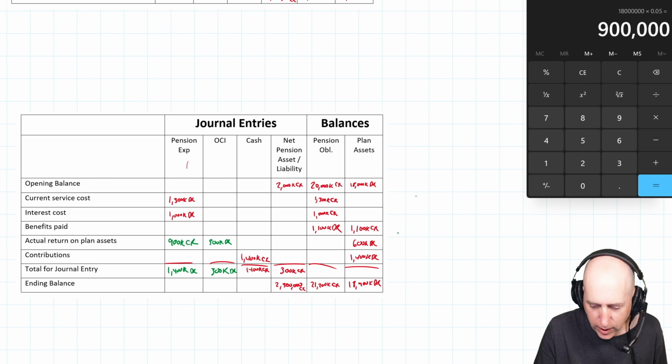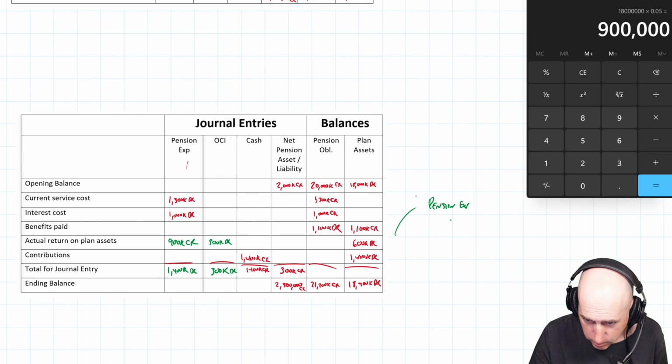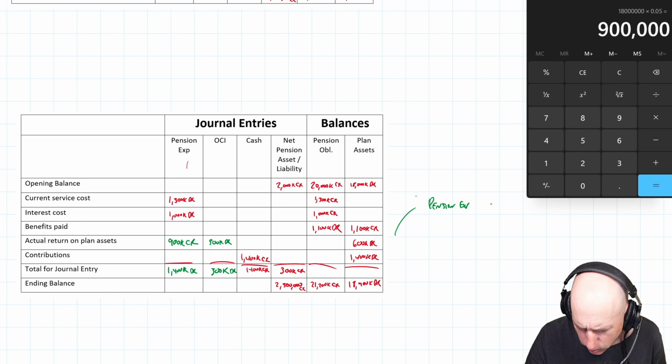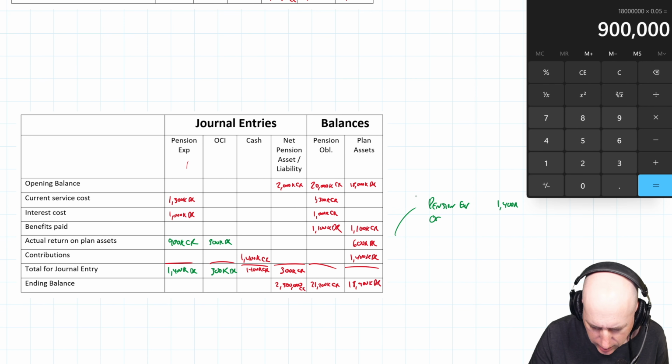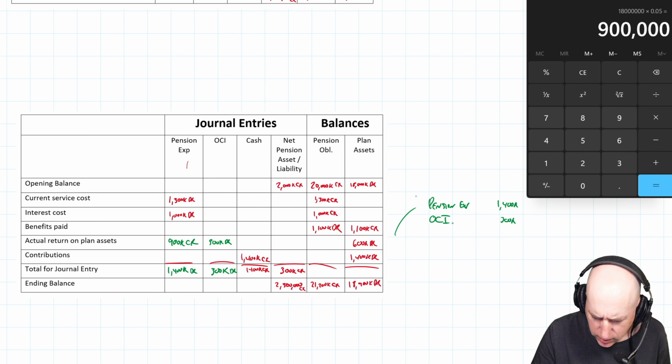So our journal entry for IFRS, same entry, debit pension expense, 1.4 mil. Debit OCI, 300K. I forget, I think they call this a remeasurement loss.